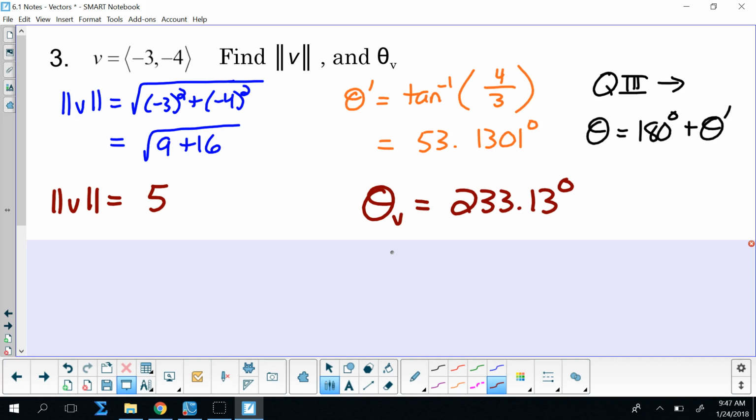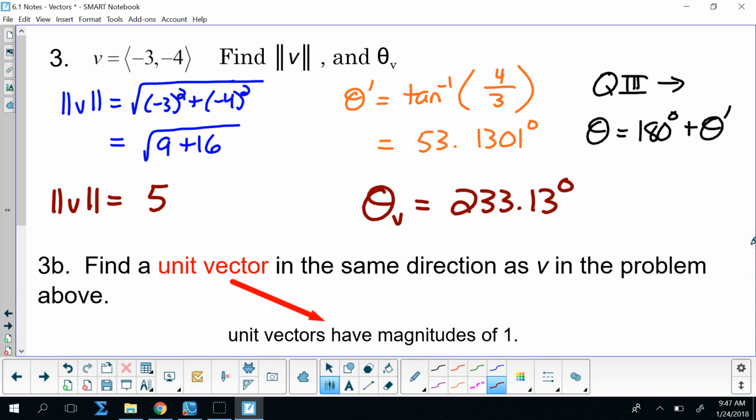Okay. Now, we had to do that so that we could talk about unit vectors. A unit vector is a vector that has a magnitude of 1. So the length of the vector is 1. We want to find a unit vector in the same direction as v in the problem above.